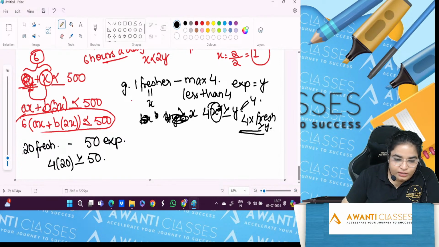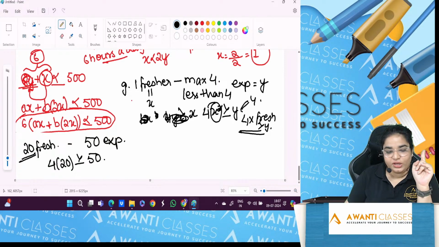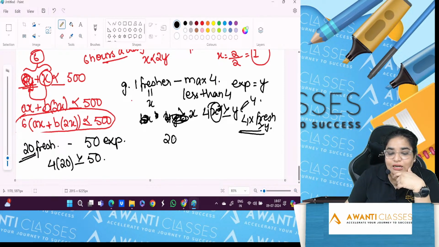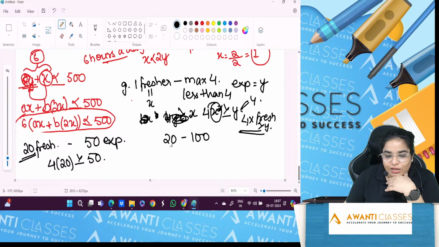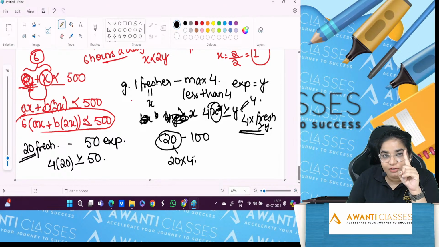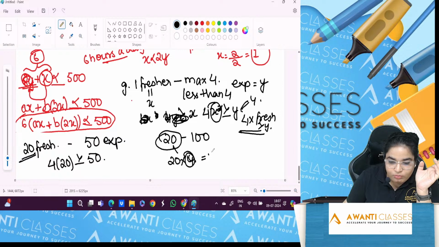They have said for every one fresh employee, not more than 4 experienced employees. So now imagine I have 20 fresh employees and I hired 100 experienced employees. Maximum I can do is 20 into 4. So a maximum of 80 experienced employees I can employ.